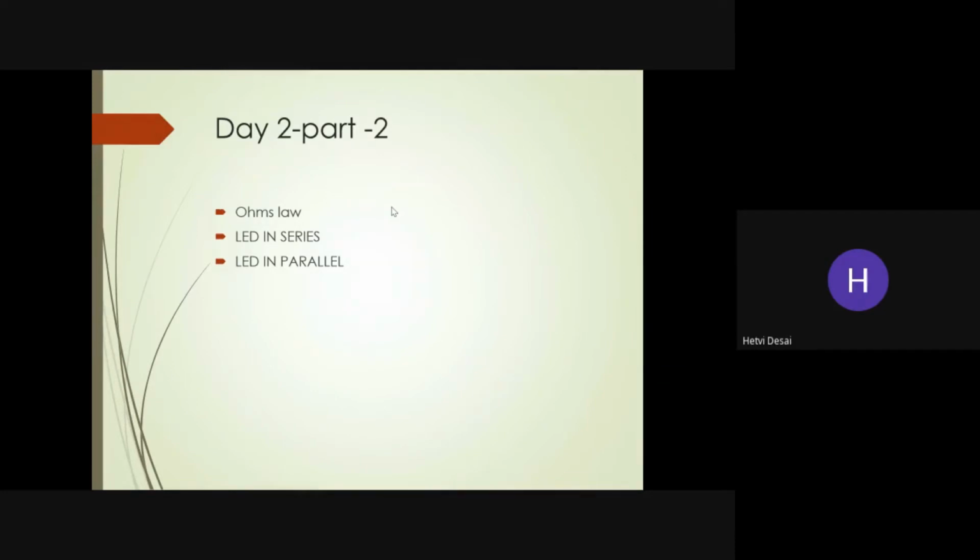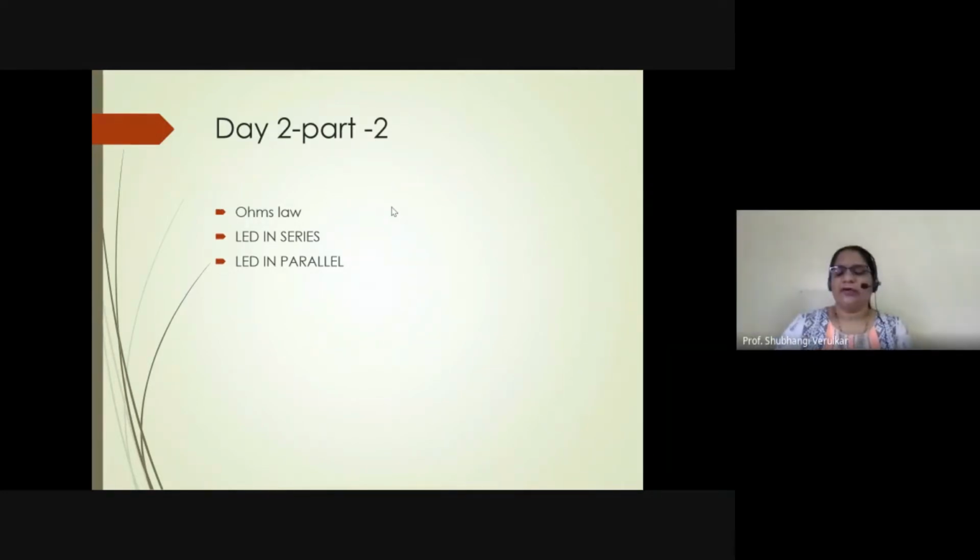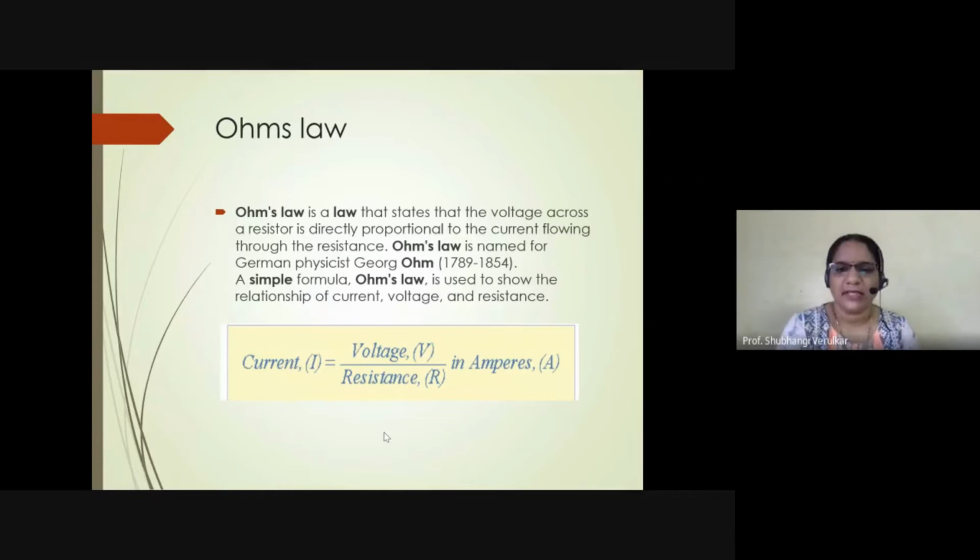Okay, good. As we know, for any electronic component or any electronic circuit, three things play a very important role: voltage, current and resistance. Based on it, we come to know how much current is flowing within a circuit. So for that, we should have an idea about Ohm's law.